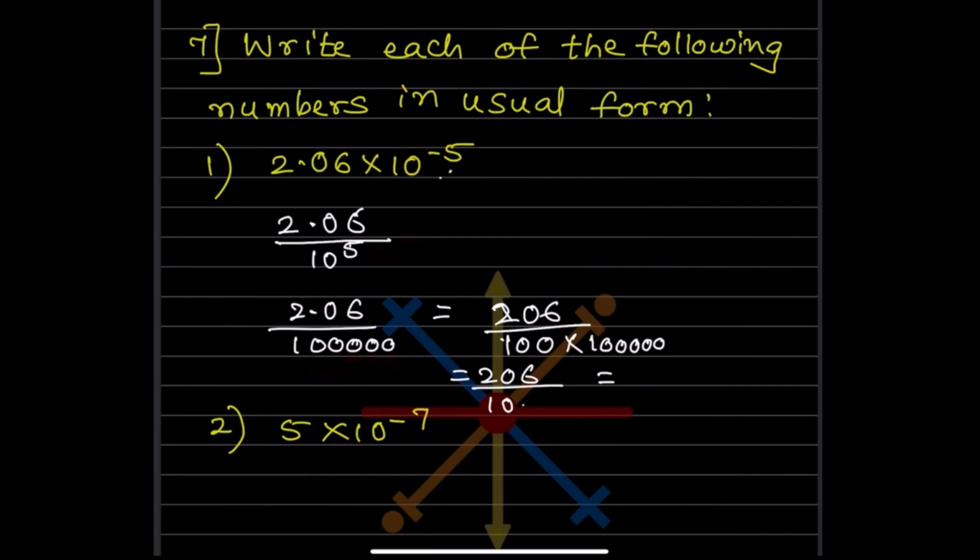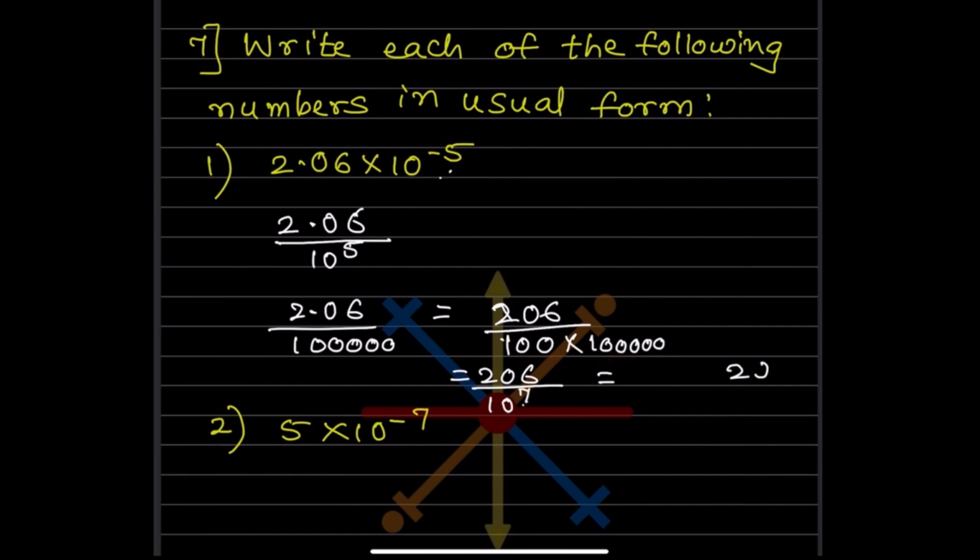So now for this one again I'll repeat it, 2.06, we can write here 206 divided by 100, because we are removing the decimal, and this will be 1, 2, 3, 4, 5. Now the total number, this 5 and this 2, is going to be 10 raised to 7. So now what will you do?